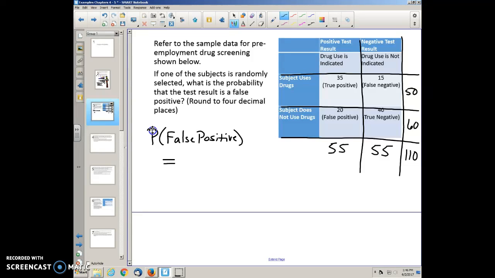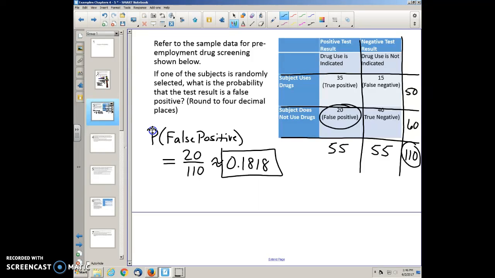Well, there are 20 false positives out of a total of 110 subjects that were tested. So 20 out of 110. And here we don't have to simplify the fraction. It asks for 4 decimal places, which is approximately 0.1818.